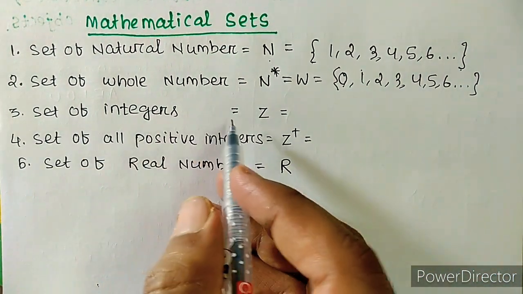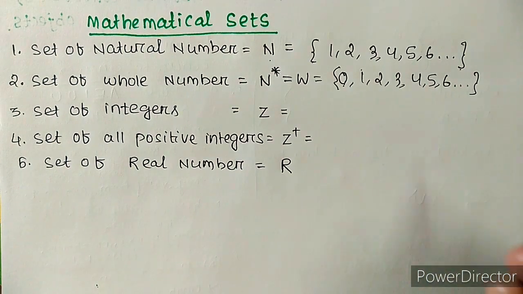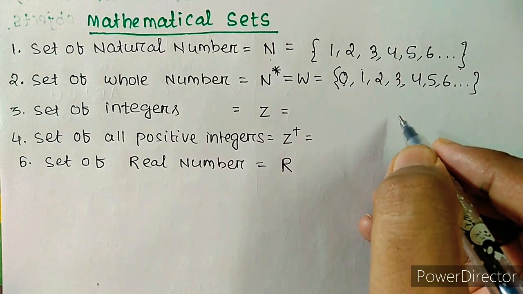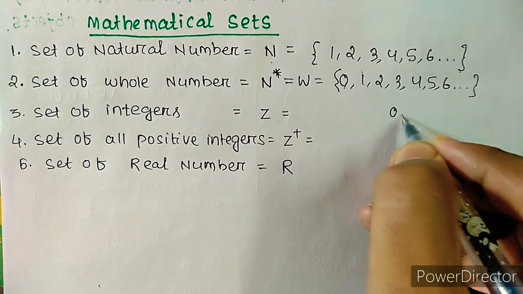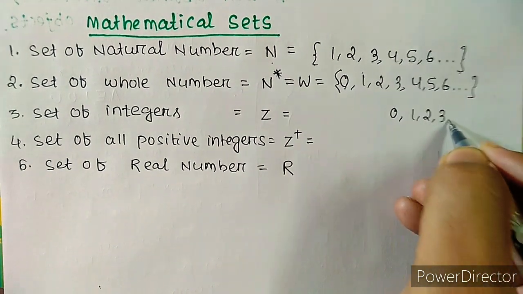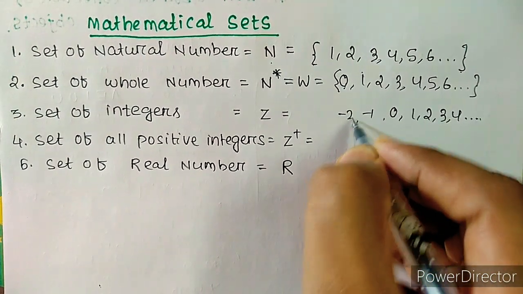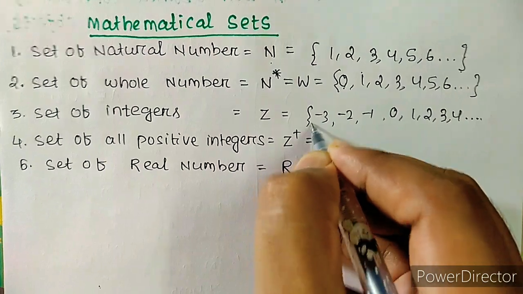And the next is the set of the integers. Here the integers include both the positive numbers, negative numbers and 0. So it is 0, 1, 2, 3, 4 and -1, -2, -3 and so on.